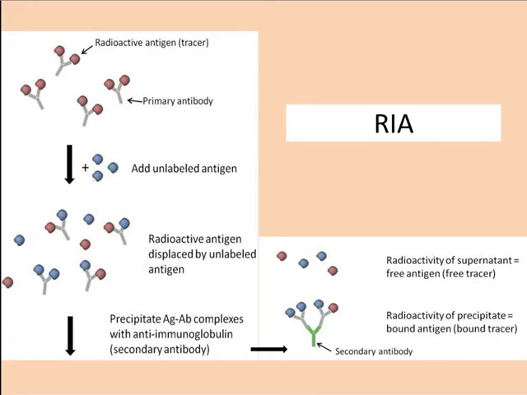Now what happens? You add the serum. This labeled antigen in your kit as well as the unlabeled antigen in the sample will both have affinity to the primary antibody, because the primary antibody is specific to both the kit antigen which is labeled as well as the antigen in your sample.